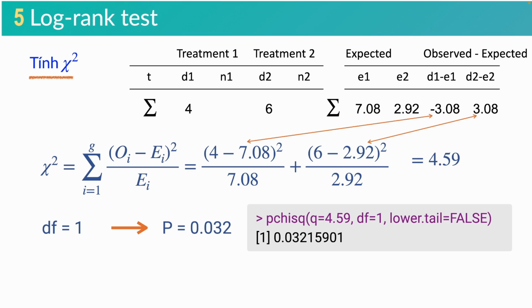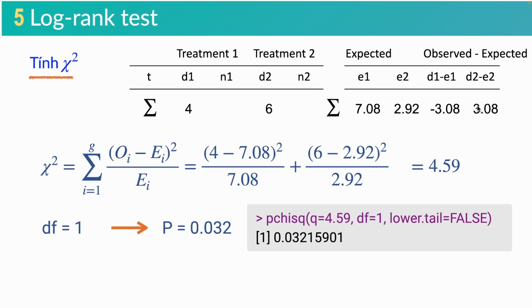In fact, the numerator for treatment 1 equals the sum of differences between the observed and the expected for treatment 1. And the numerator for treatment 2 equals the sum of differences between the observed and the expected value for treatment 2.